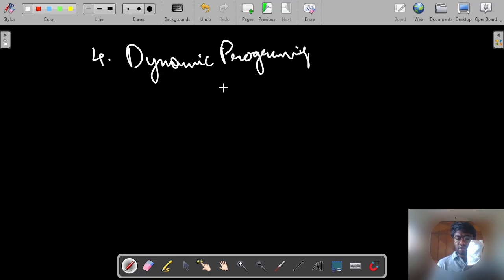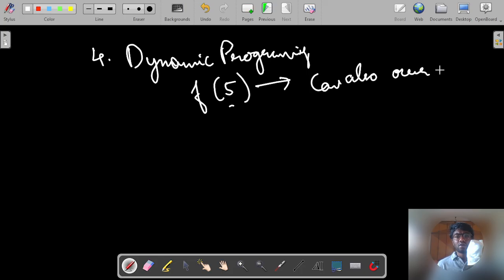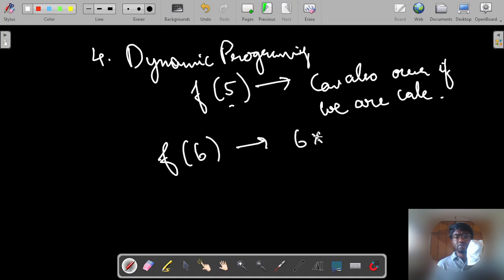So let's say we have to find the Fibonacci number f of 5. We know that f of 5 can also occur when we are calculating f of 6, because 6 into f of 5, 6 minus 1.